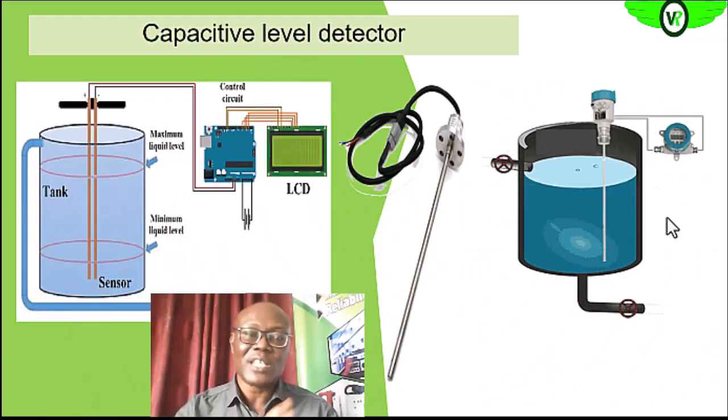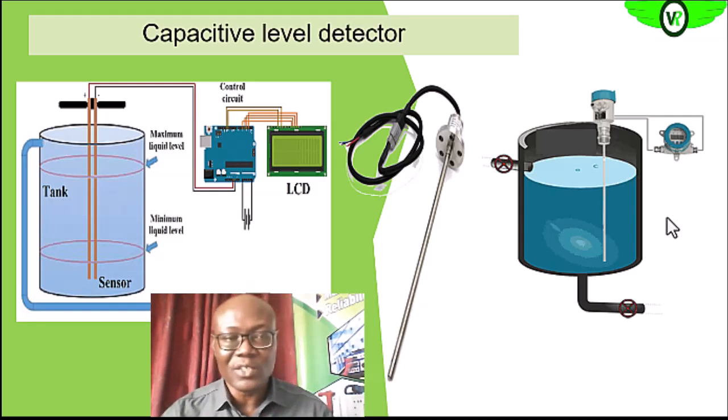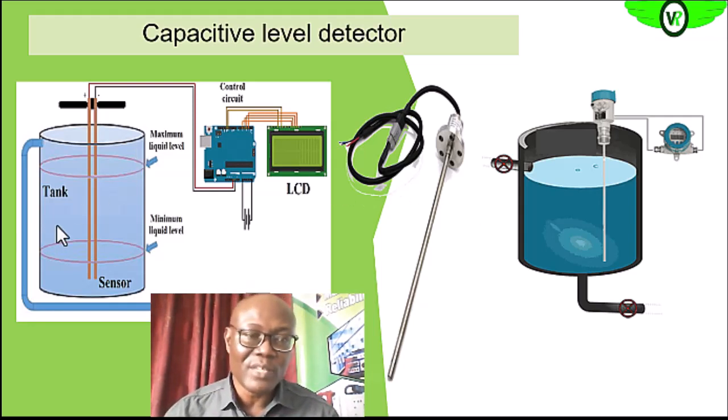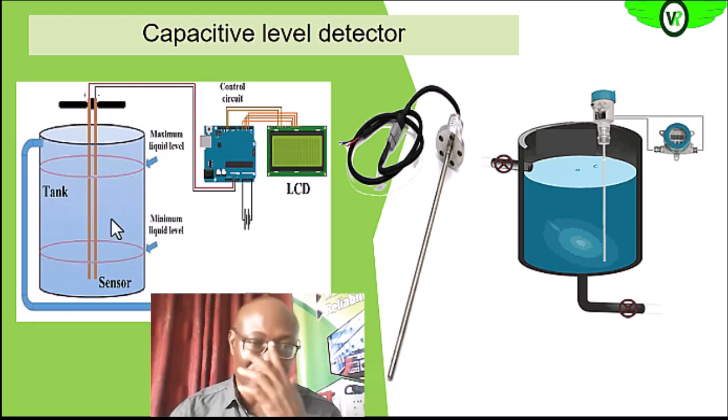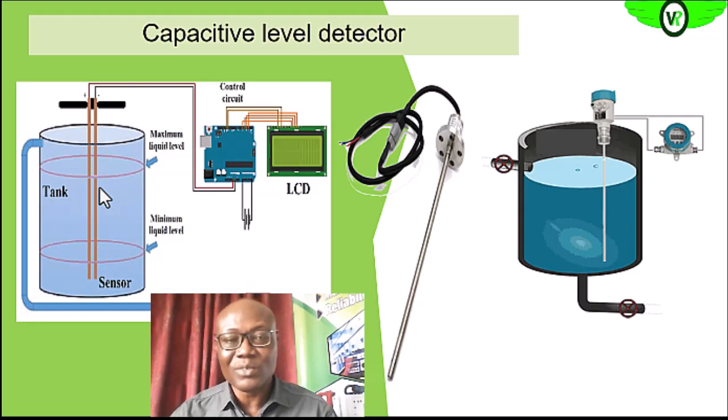So we also have the capacitive level detector. The capacitive level detector is usually mainly used to determine the level of conductive fluids in a vessel. So the fluid will now form the electrolyte within the vessel. We know that as the electrolyte concentration is increasing, the capacitance will also increase.